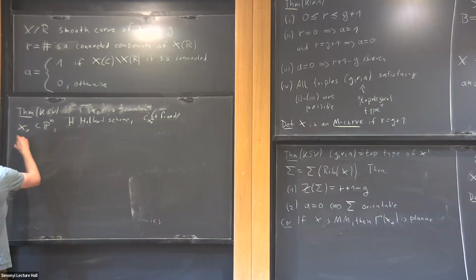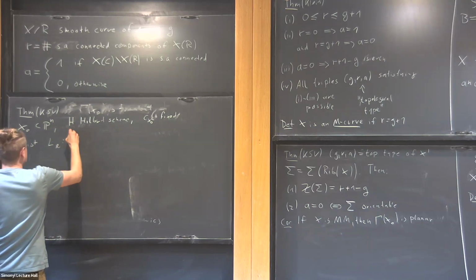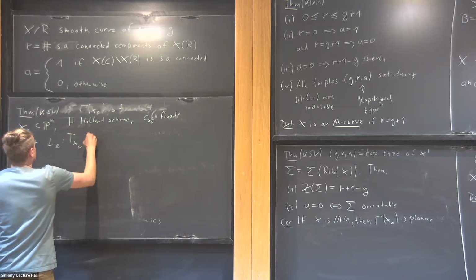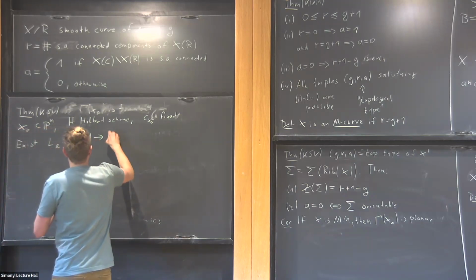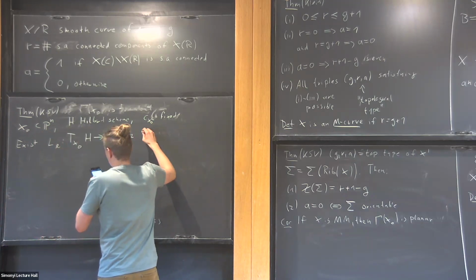And then there exist linear forms on the tangent space of the Hilbert scheme, real linear forms, for every edge.